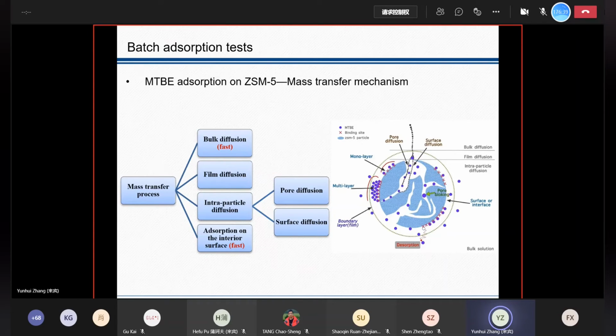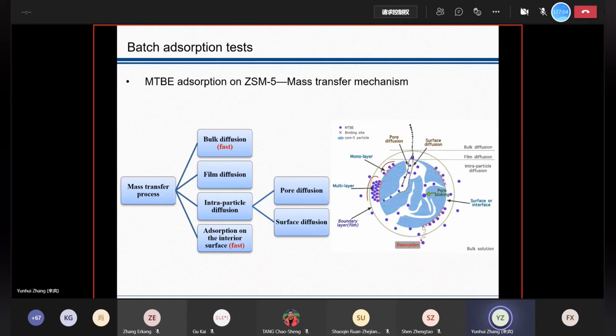And the intraparticle diffusion generally includes pore diffusion and surface diffusion. And the first and the last steps are generally considered to be very fast. So the overall adsorption process is controlled by film diffusion or intraparticle diffusion.